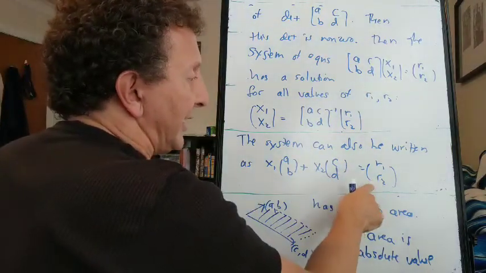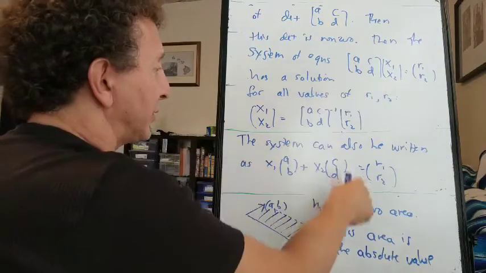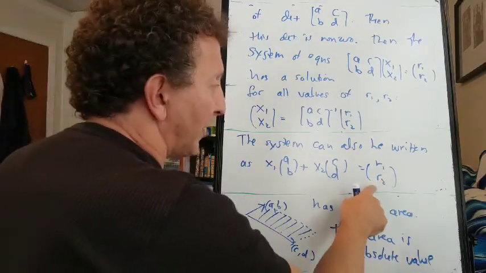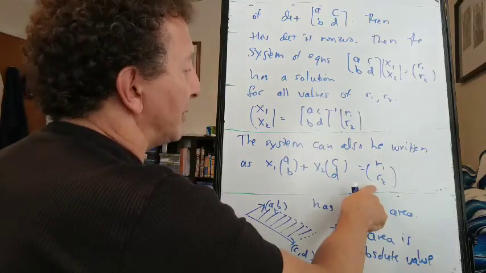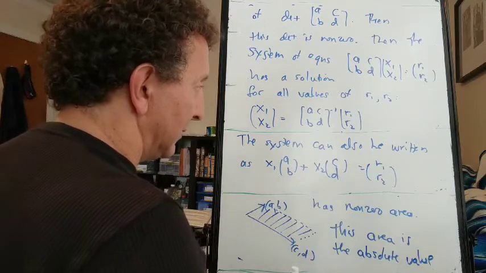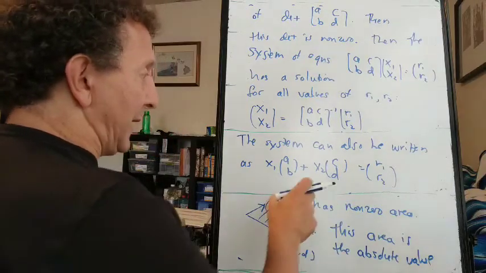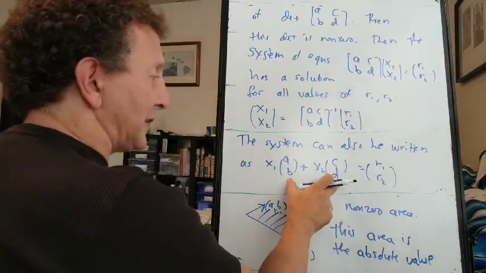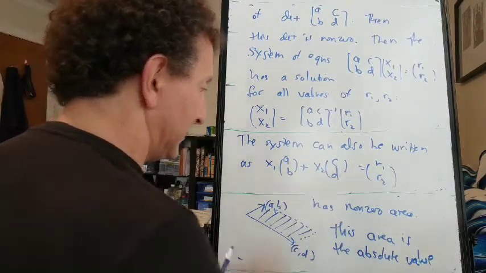So we just said that for any r1 and r2 we can solve this equation for x1 and x2. That means that any point (r1, r2) in the real plane can be written as a multiple of (a, b) plus a multiple of (c, d), which is the definition of spanning. If we can write any element of the vector space as a linear combination of these two things, then these two span it.